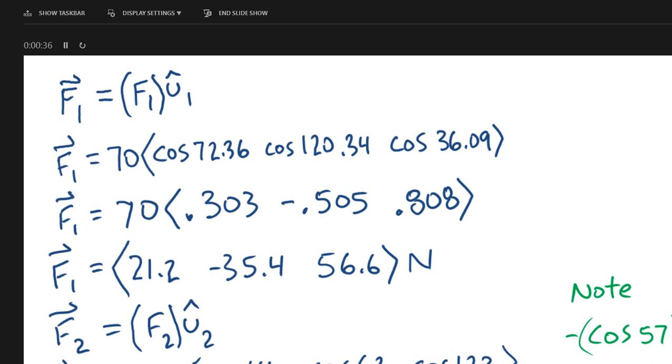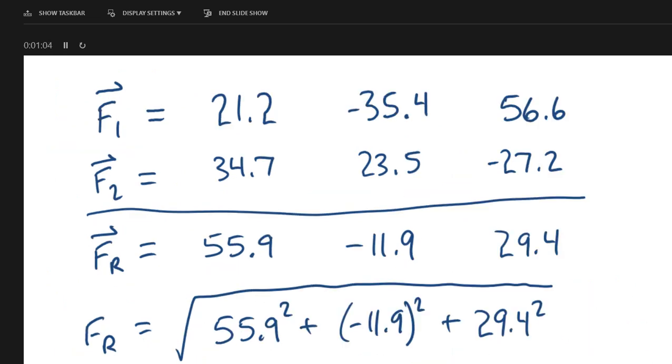So when you get that second vector, you can easily go 50 times cosine 46, which is alpha, cosine 62, which is the cosine of beta. And you can do it two ways. You can go cosine 123, which is the gamma angle with the positive z-axis, or you can put the negative out in front and use the 57 that you're given. You can do it either way. Okay. All right, once you have both of those, you just add them up, get the total, take the square root of the sum of the squares, and you get the resultant.